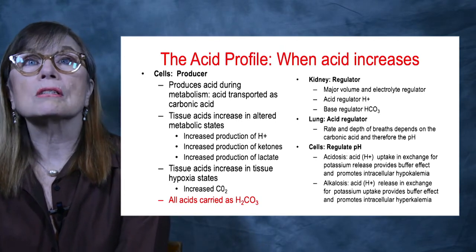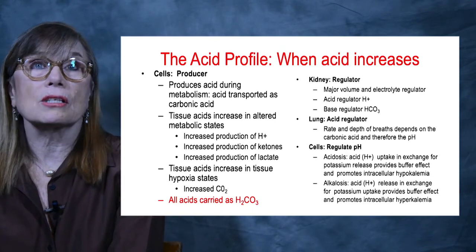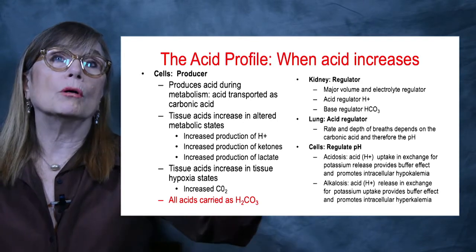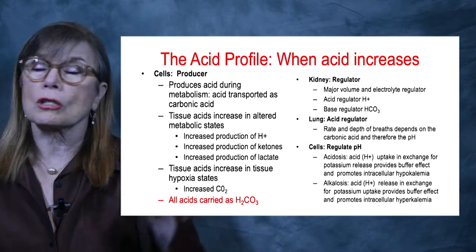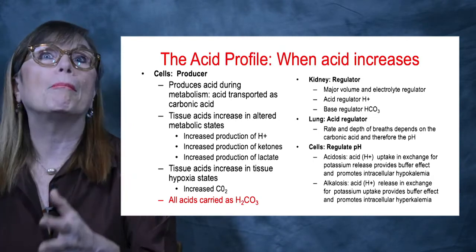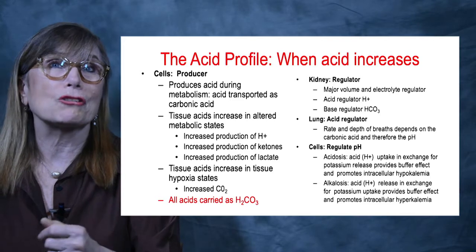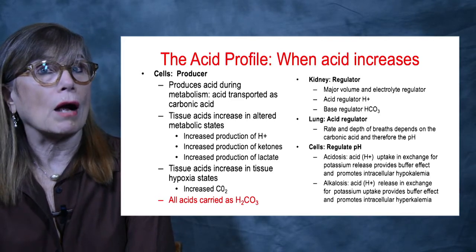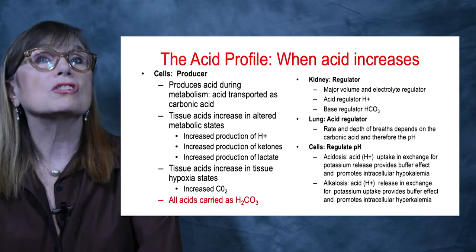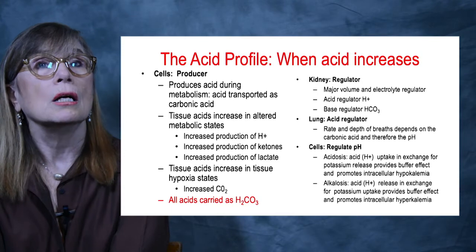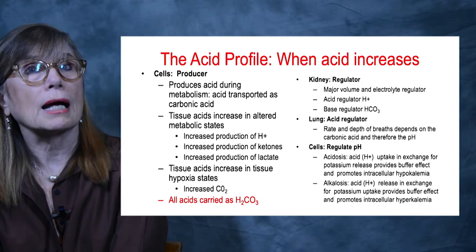In the presence of high levels of metabolic acid, hydrogen, the cell will uptake the hydrogen and it will release potassium in exchange because there's only room enough for one big bunch of positively charged ions intracellularly. Now, normally the intracellular ion is potassium, but the cell will release potassium into the serum and take up the hydrogen in the presence of metabolic acidosis.